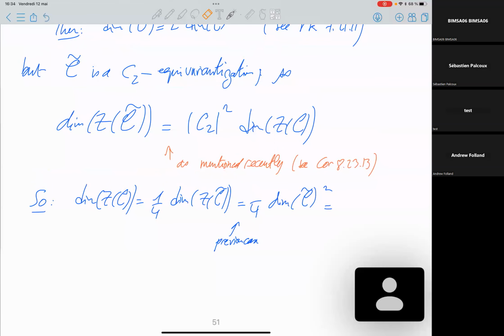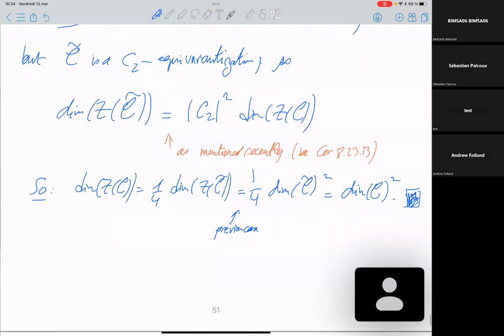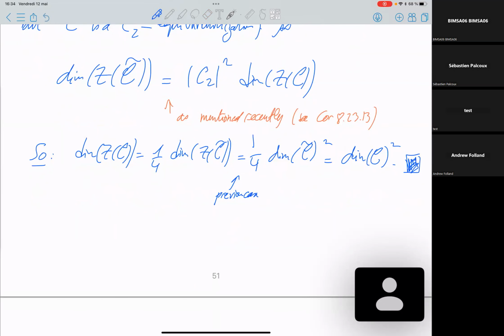This simplifies with the 1/4, so you directly get dimension of C squared, which is what we wanted to prove, by the pivotal case.